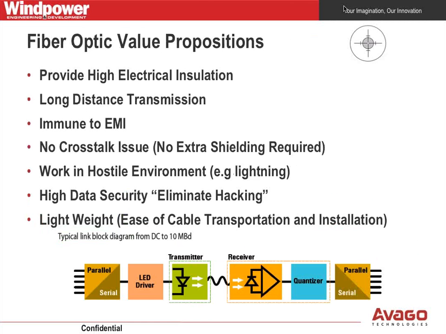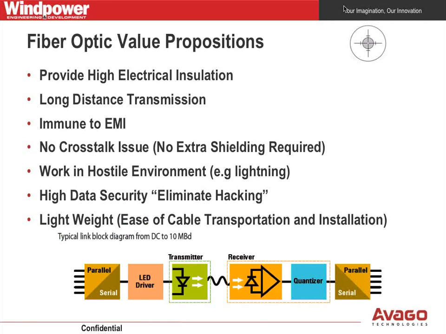So on this slide, I go through the value propositions of fiber optics in general. Some of these apply more heavily, some not so much in the application, but they all play a role in developing the understanding of what value we provide to our customers. Basically, we provide high electrical isolation or insulation. I mentioned that earlier.